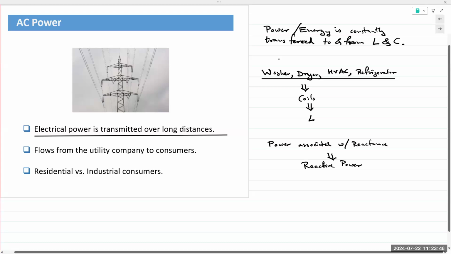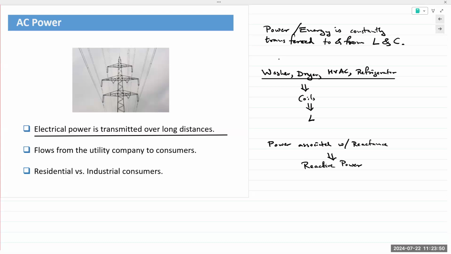Now, this reactive power does not do any real work. When I say real, I don't mean imaginary versus real. When I say real work, in a sense, it does not do any work of converting the electrical energy into useful mechanical energy. It is simply associated with the reactance. It is used to store energy in the magnetic field.